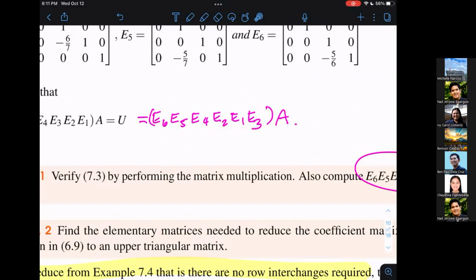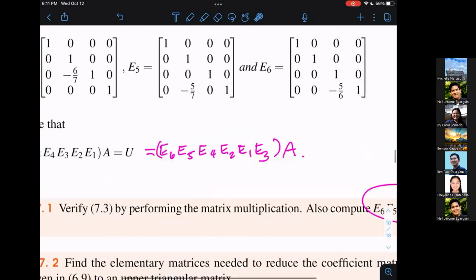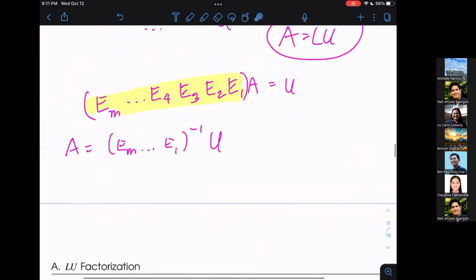Tama? So kasi yun yung Theorem 7.1. Lahat ng elementary matrices ay invertible. So invertible silang lahat. Tapos pag minultiply ko in reverse order yung mga inverses nila, makukuha ko yung inverse nung product. Tama? Kasi essentially in the LU factorization, I want to get the inverse of the products.